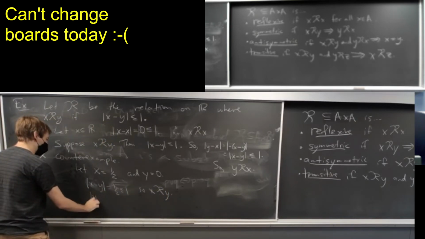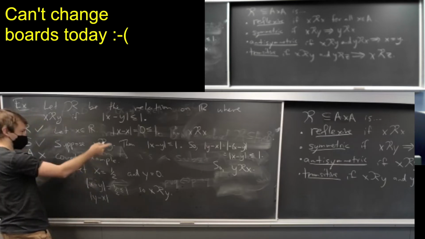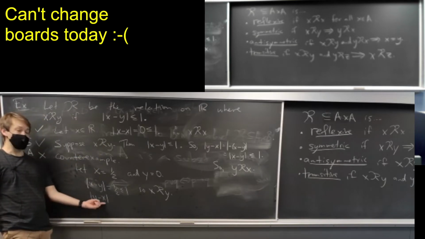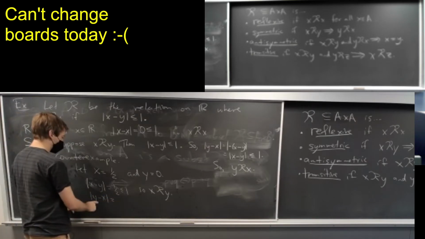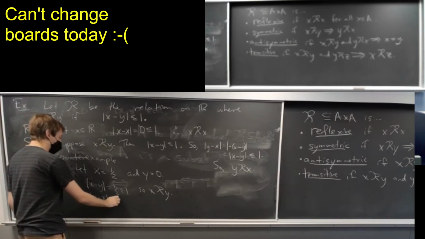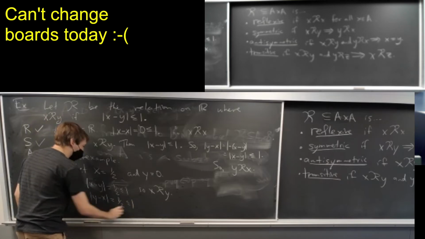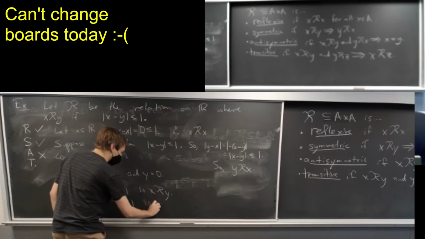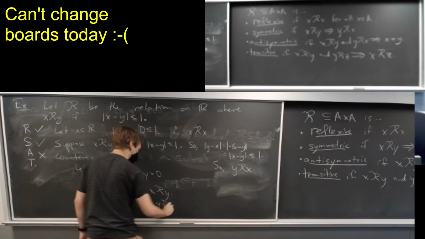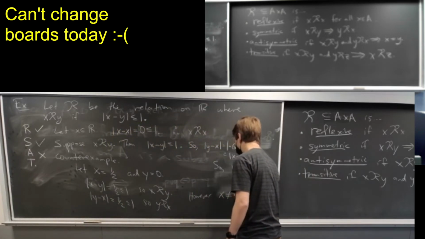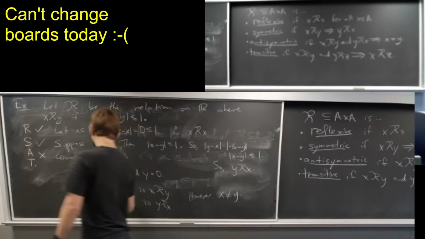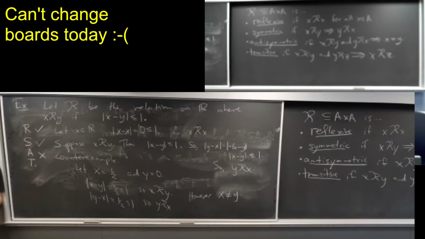And if I look at y minus x, well, we've already seen the absolute value of y minus x is the same as the absolute value of x minus y. So this is the absolute value of negative a half, which is a half. It's at most 1. So y is related to x. However, clearly x is not equal to y. A half is not equal to 0.